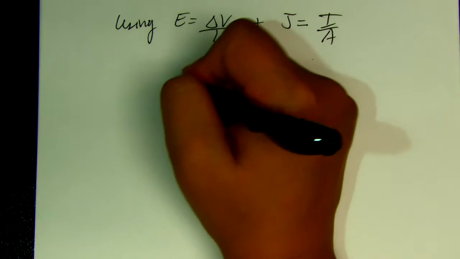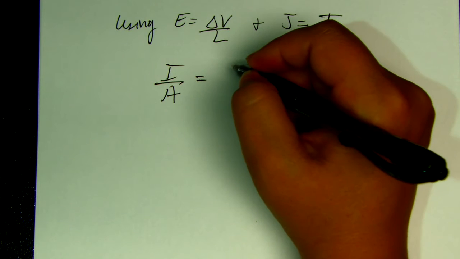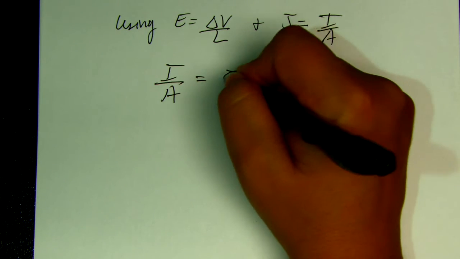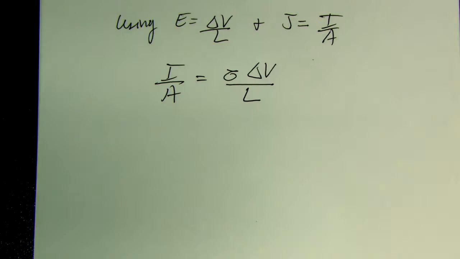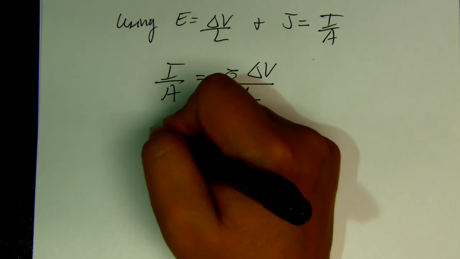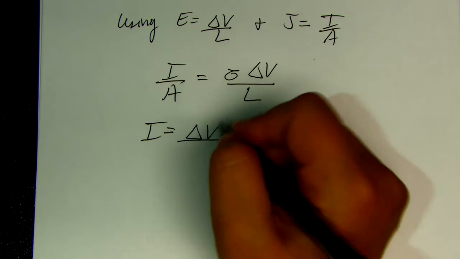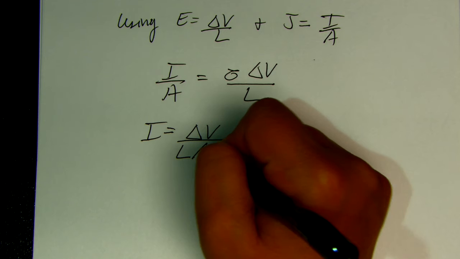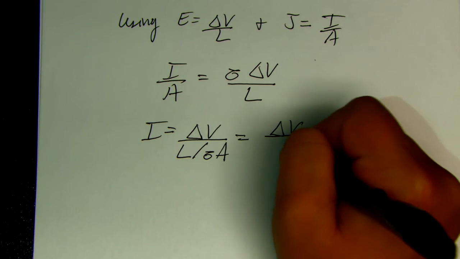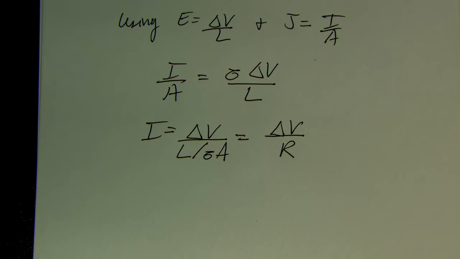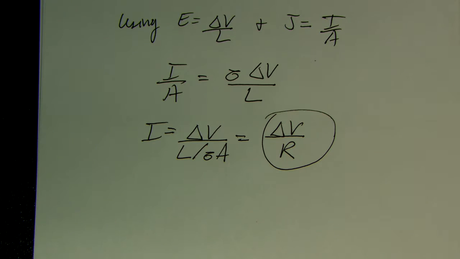And so we get that I over A is equal to sigma delta V over L. And so we can also write that I is equal to delta V over L over sigma A, which is equal to delta V over R. That famous circuit equation.